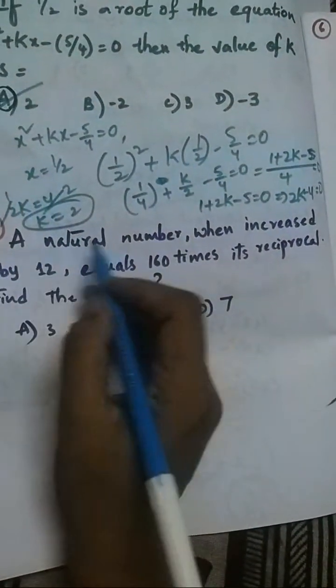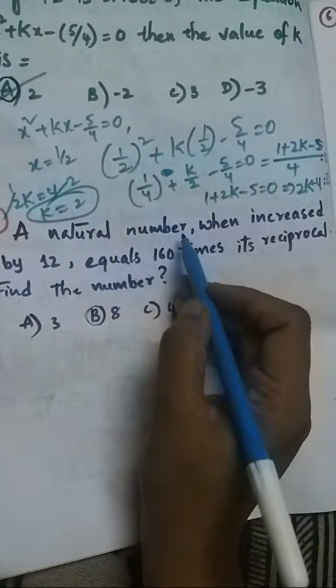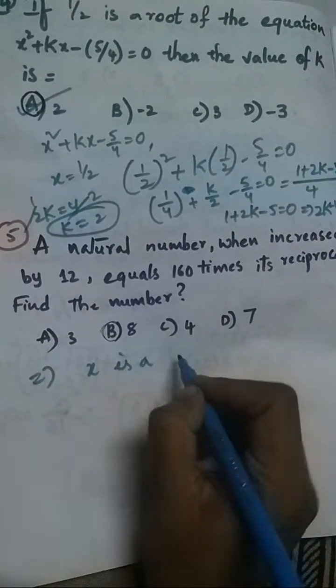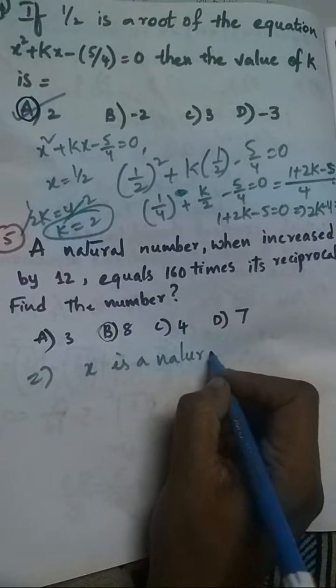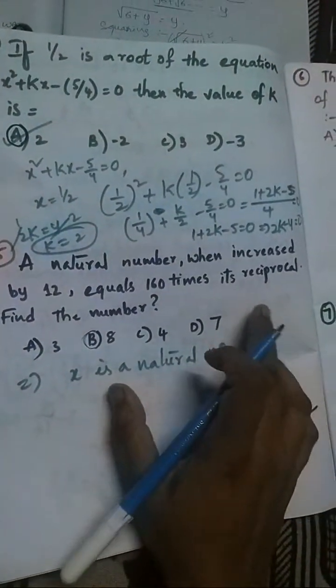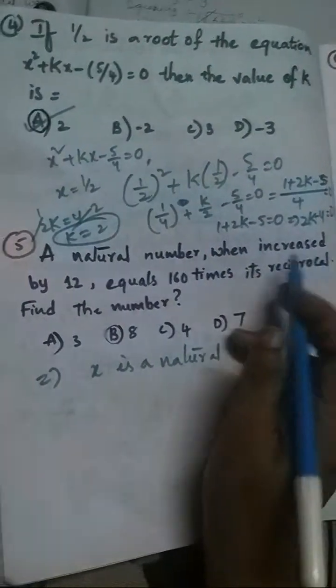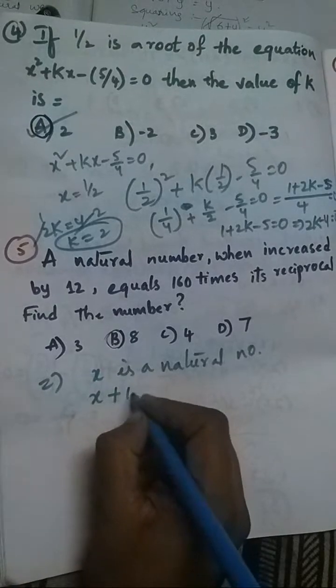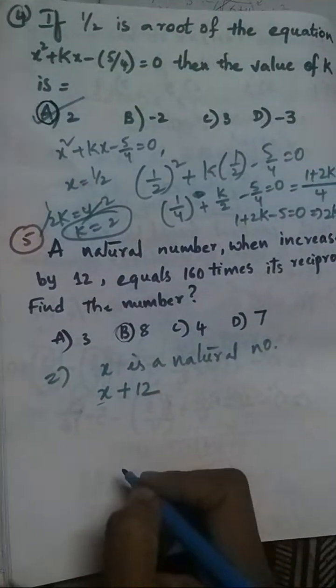Let us see. First, what is the given question? A natural number, let us take x as a natural number. The given question we have to understand first properly. When increased by 12 means x is increased by 12, means x plus 12.